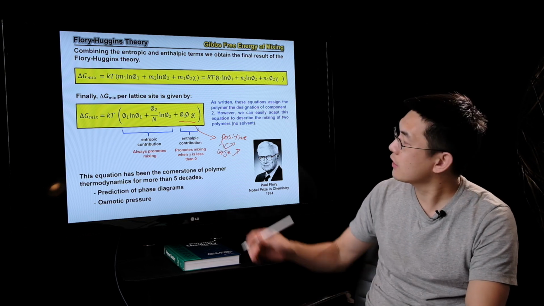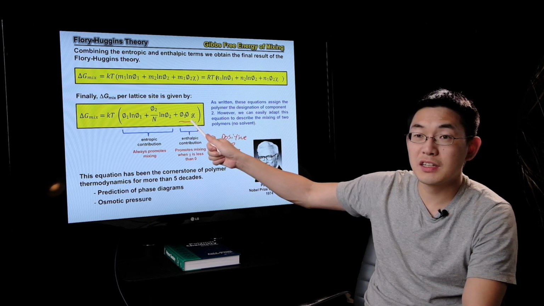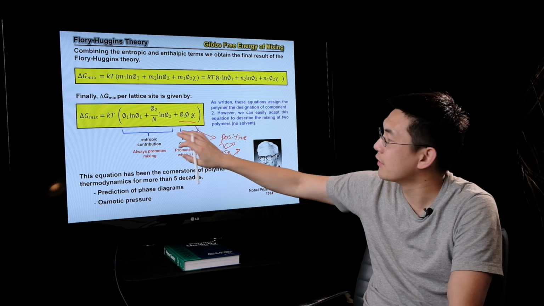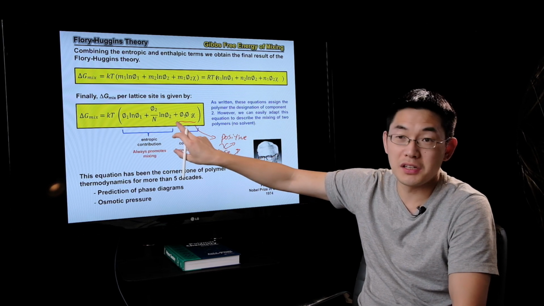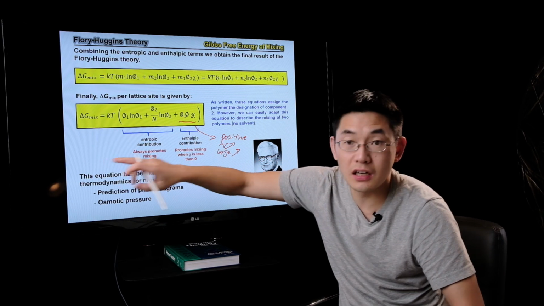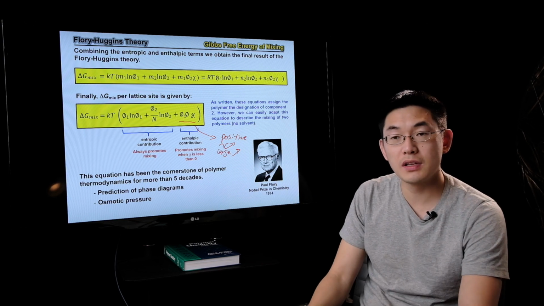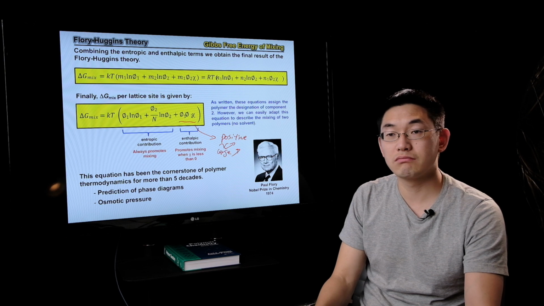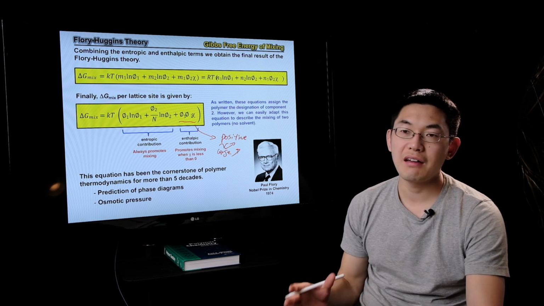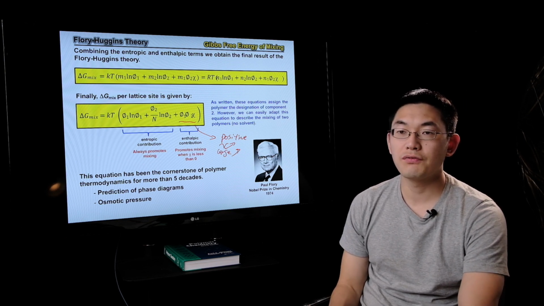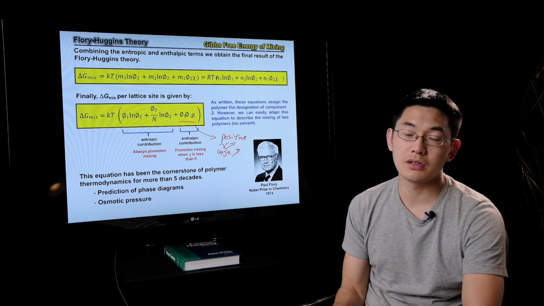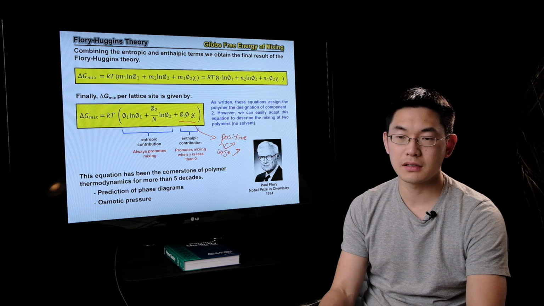If chi is 1 versus chi equals 10, chi 10 means this will be 10 times more positive. That means delta G will be positive too, so they are not going to mix. Mixing is discouraged. When the chi value is low, that means you would love to mix, and when chi is as low as possible, they are very likely to mix.